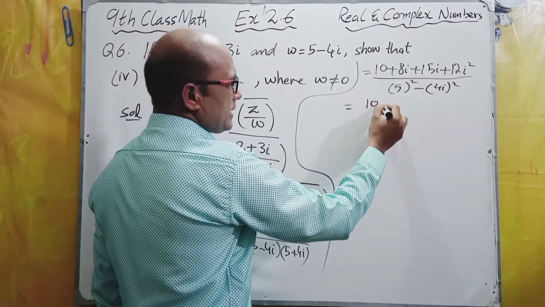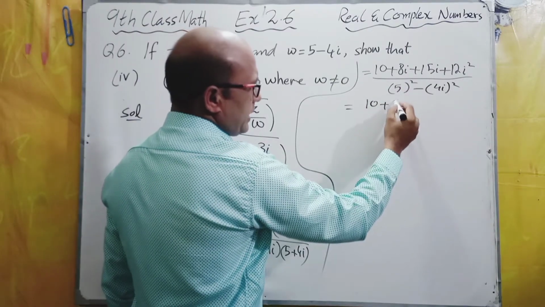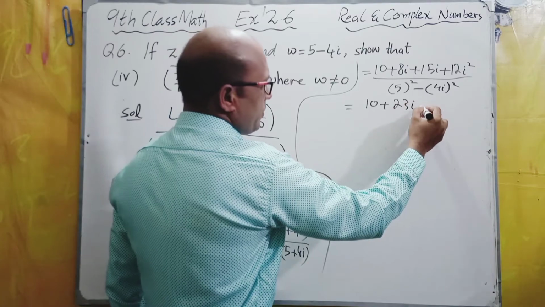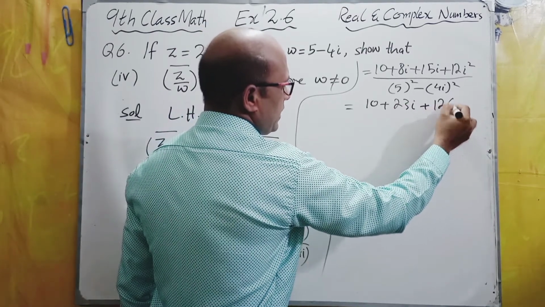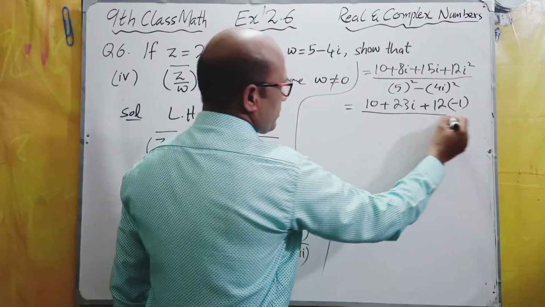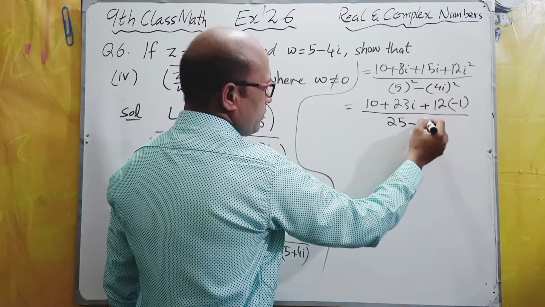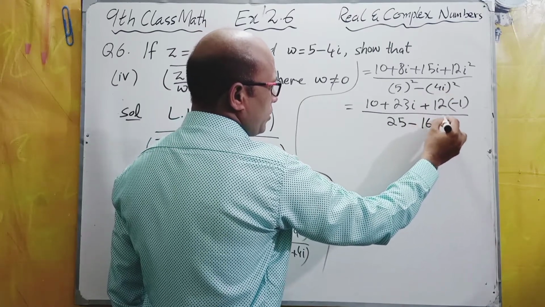Now 10 as it is, adding these two we get 23 iota, plus 12 into minus 1 in place of iota square, over 5 5s are 25 minus 4 4s are 16 iota square.